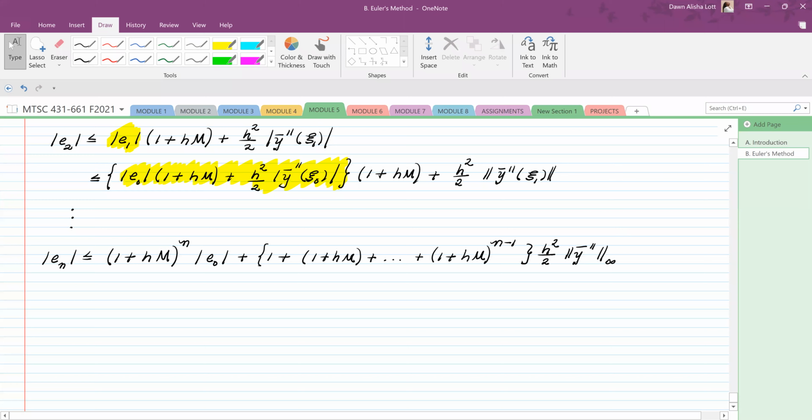All right, so now that I have that, you should recognize this M doesn't look like an M. My M's are really pretty pathetic. Let me make that look like an M. Okay. So you should recognize a geometric series here.